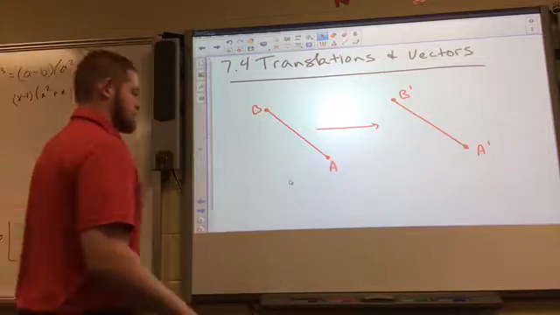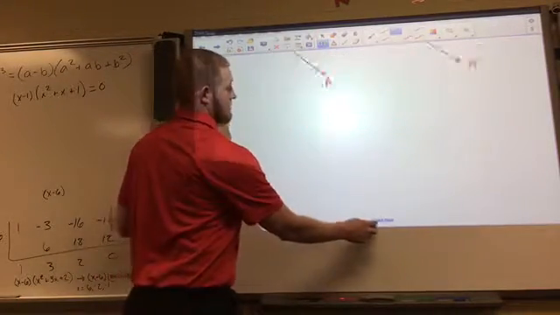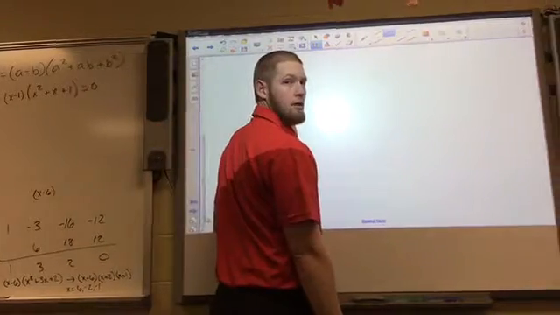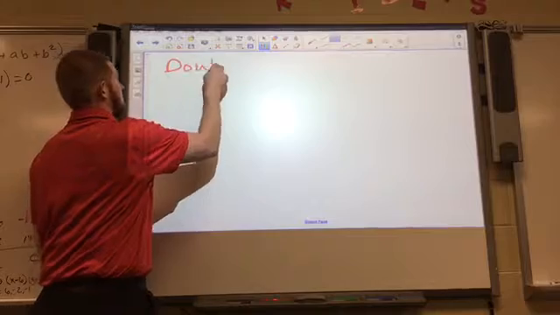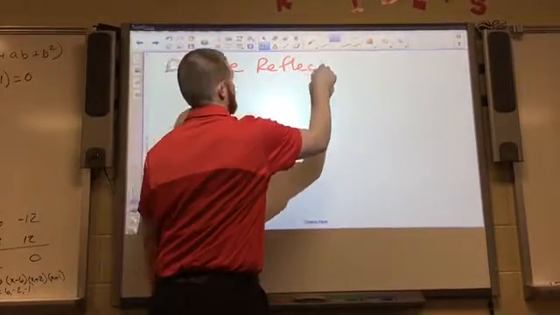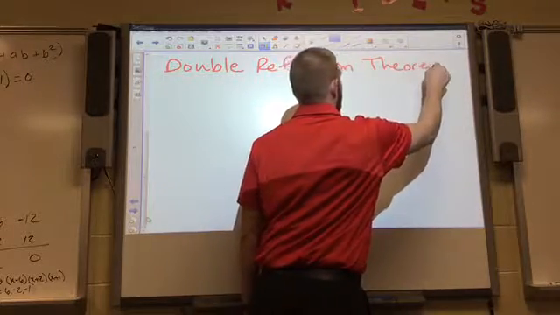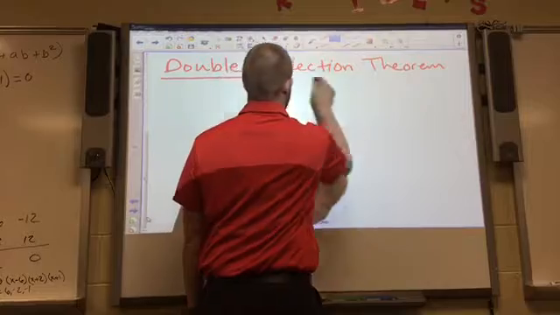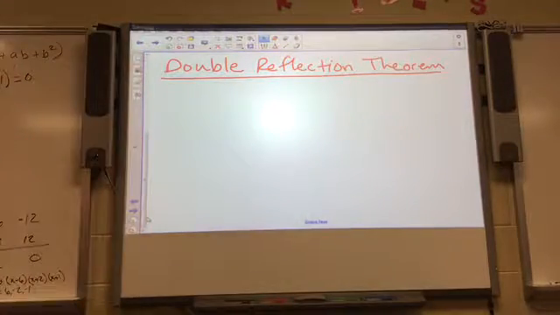The first theorem that we do need to write down, though, we are going to call the double reflection theorem. Now, we already did one that was called the double reflection theorem, correct? That's okay. This one's going to be a little bit different, but it still has the same idea. You're reflecting how many times? Twice, doing double reflection.